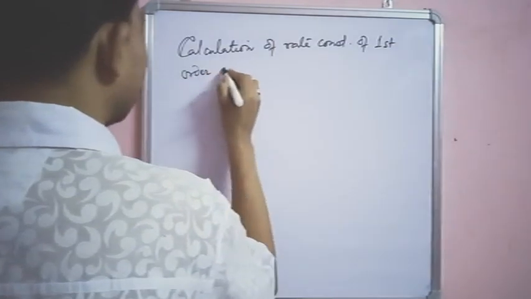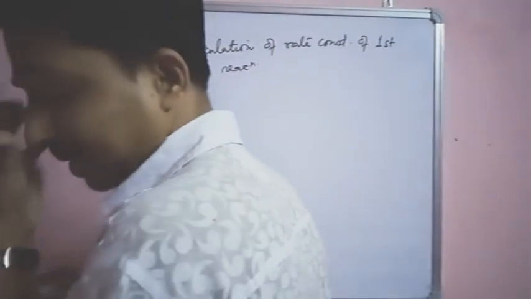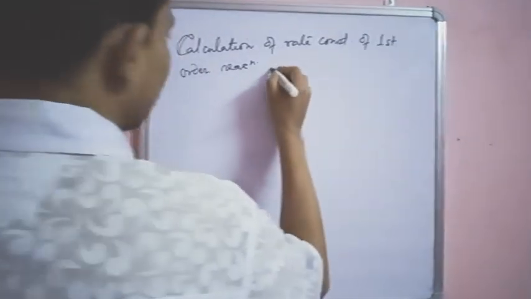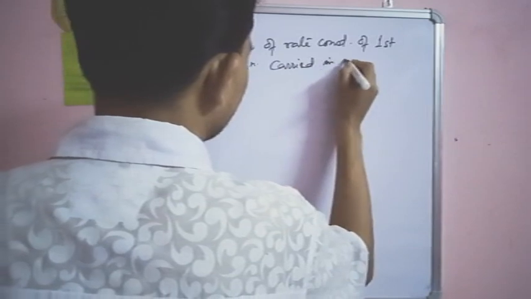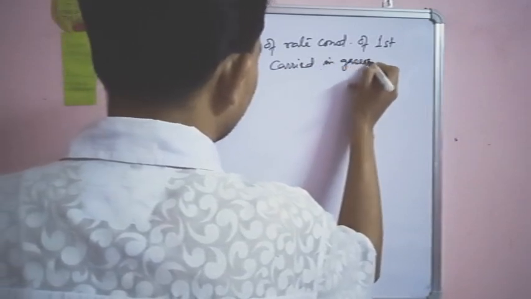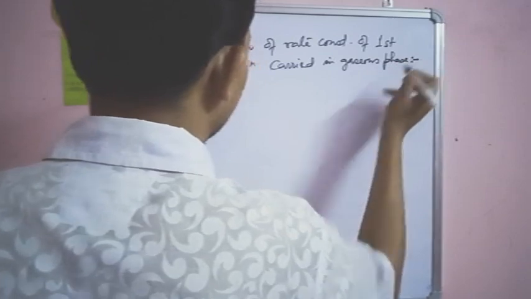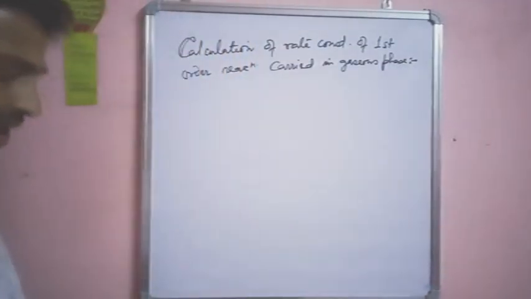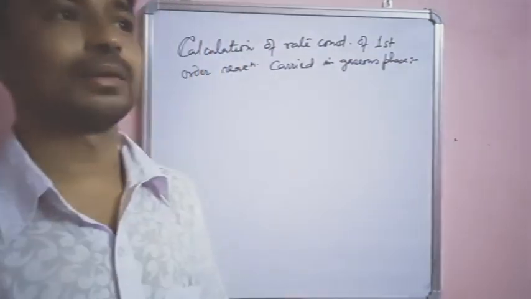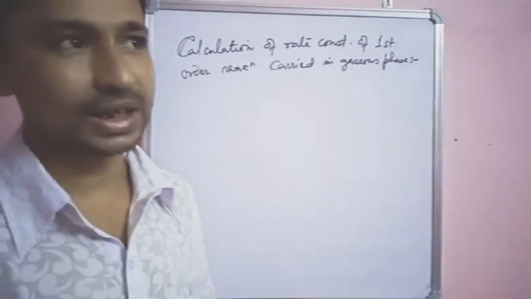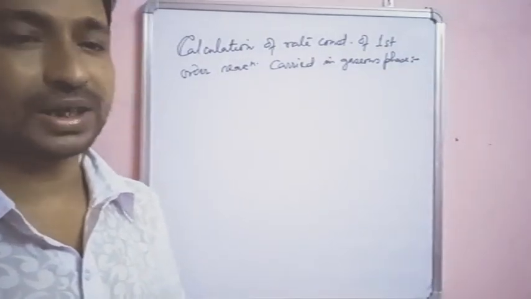We have already studied this, but this reaction is carried in gaseous phase. So how will we calculate the rate constant of a first order reaction which is carried in gaseous phase?